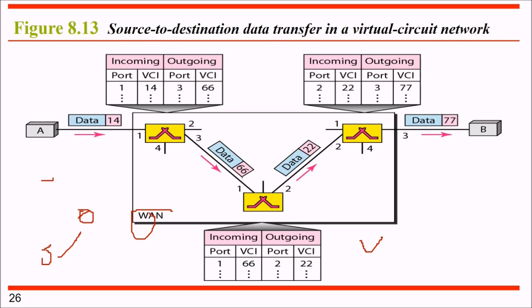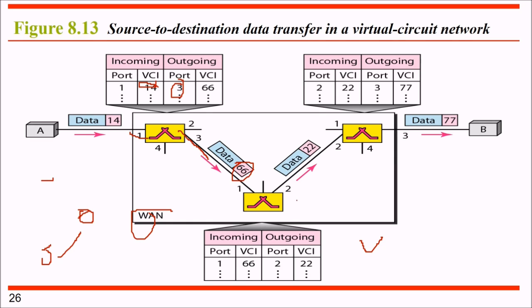In this wide area network, the data coming to port 1, which has a VCI of 14, finds its path through port 3 like this. Now this data has VCI 66.